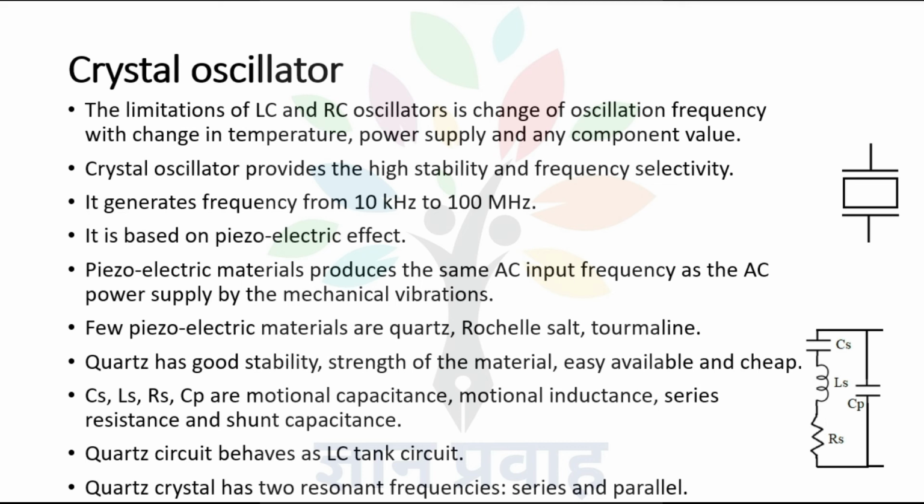These limitations can be avoided by using a crystal oscillator. It means the crystal oscillator provides high stability and frequency selectivity. Crystal oscillators are capable of generating frequencies from 10 kHz to 100 MHz.